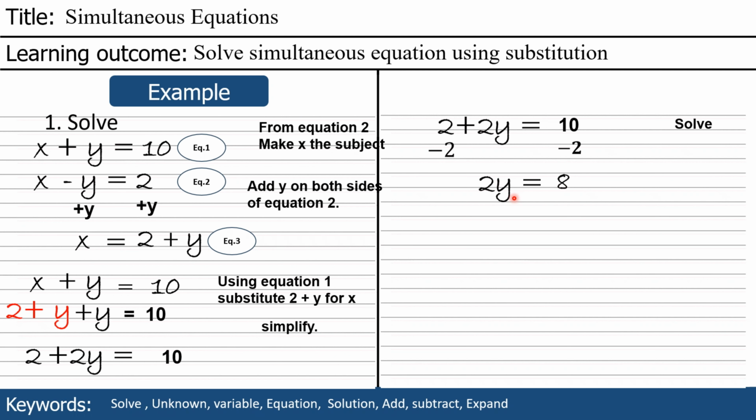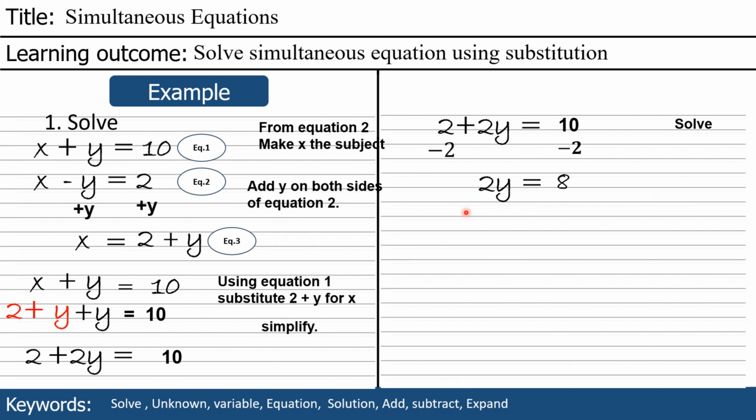And remember, we always undo the last operation that was done to y in this case. And the last operation that was done was multiplying by 2. And the reverse of multiplying by 2 is dividing by 2.